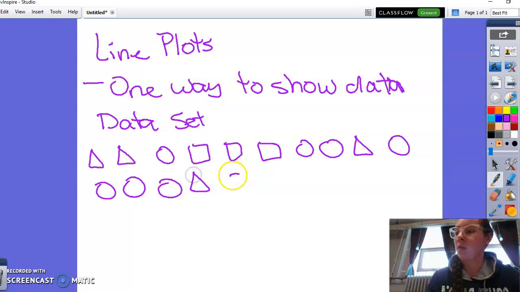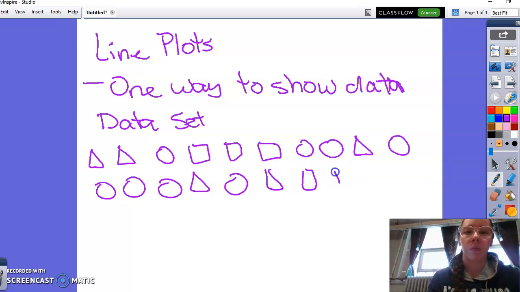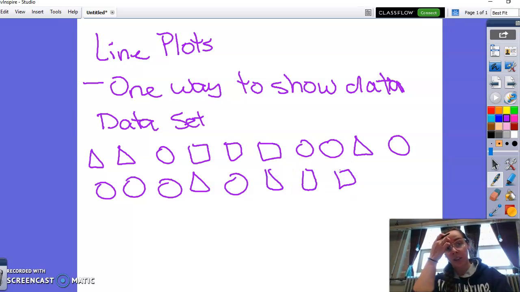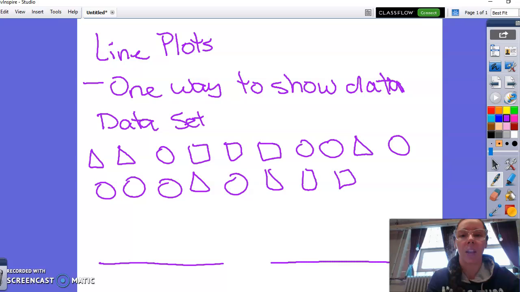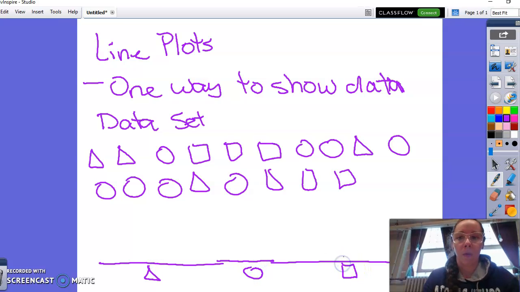Okay, if I had a data set that looked like that, it would be really easy to go ahead and put it in a line plot that would look like this, where we would put each of the shapes from above, and then for each one from up in the data set, we'd put an X down here.